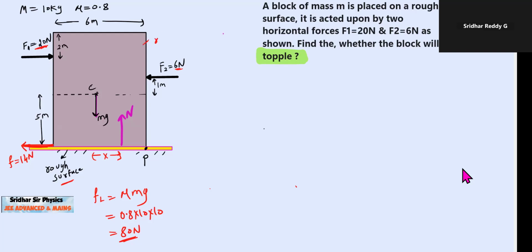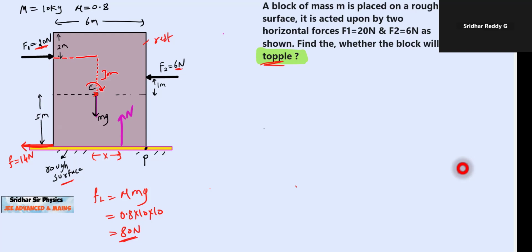And what is the state of the block? The block will be at rest. Now we have to check whether it will topple or not. For that, I'll go for the net torque about the center of mass. Torque by applied force F1: this will be 3 meters, and this is 20 Newton, so the torque will be clockwise.